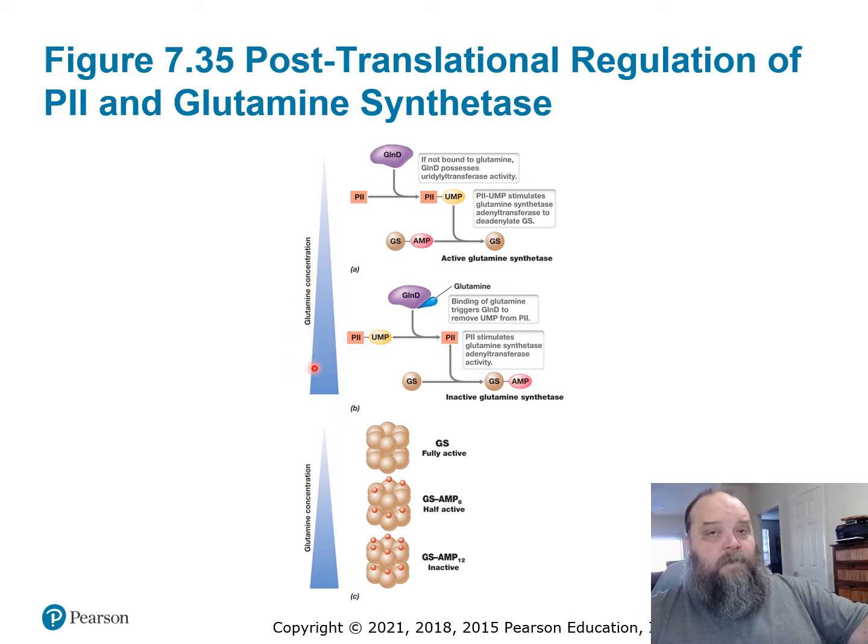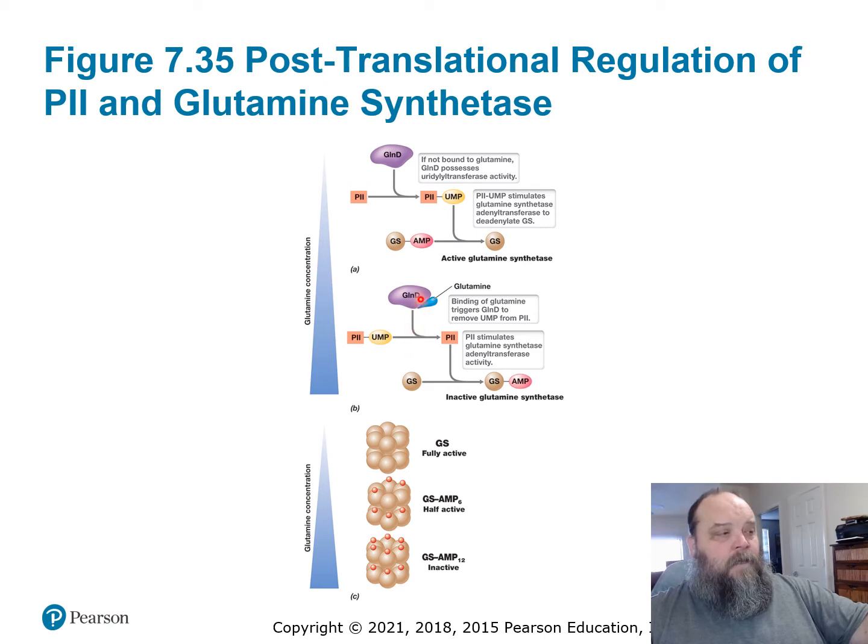You get to high enough levels of glutamine concentration. I keep saying glutathione, but it's glutamine, not glutathione. When glutamine levels get high enough, glutamine is going to feedback inhibit GLND.